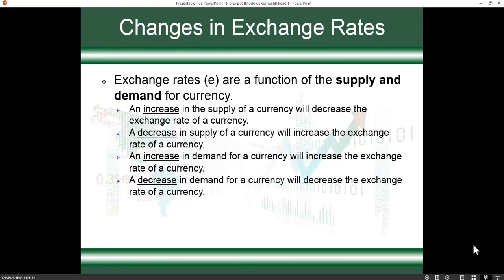Those are the first rules in every single market, based on supply and demand. The more supply there is, the cheaper it becomes. And the more demand, the more people need that currency, the higher in value it becomes, because there is less available. Those are the main principles of the market.